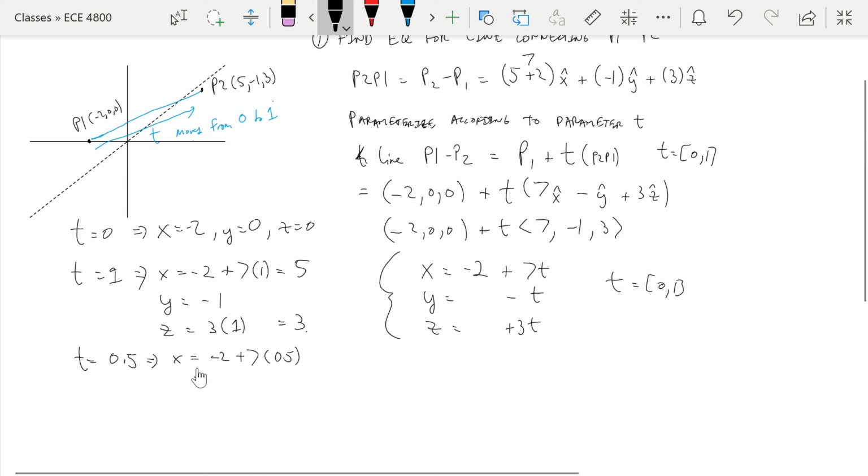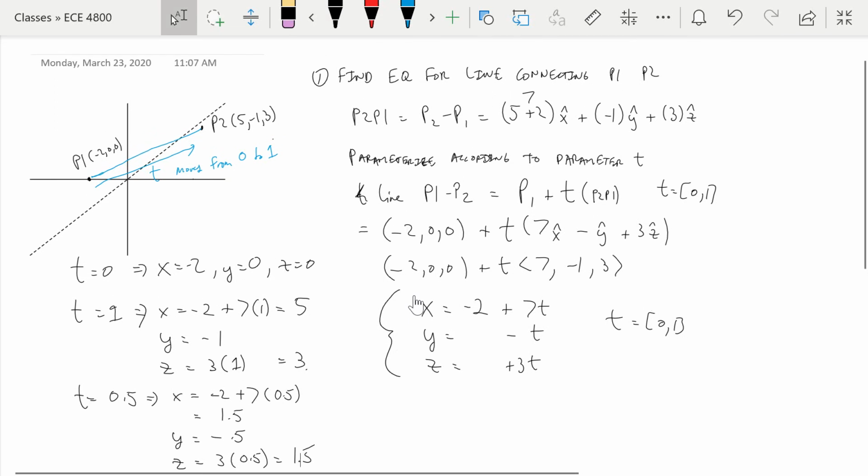So this is 3.5 minus 2, so it's 1.5. y is going to be equal to negative 0.5. And your z is going to be equal to 3 times 0.5, or 1.5. So you'll find that the point that I just described is the midpoint between P1 and P2.